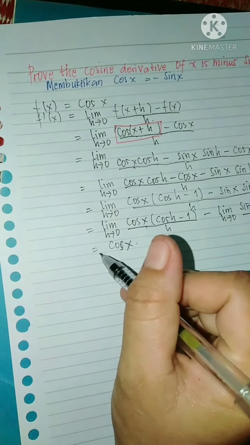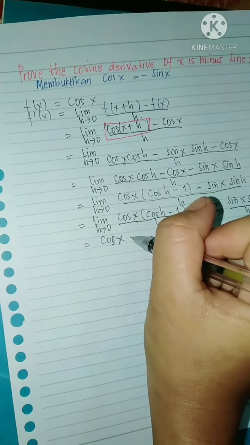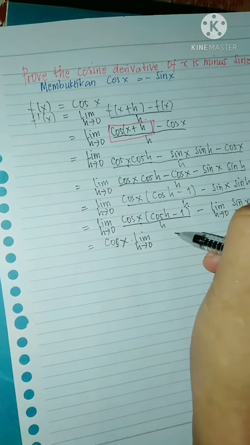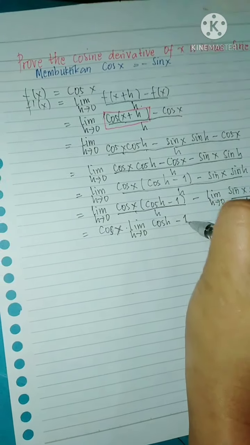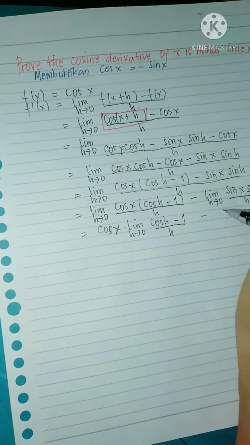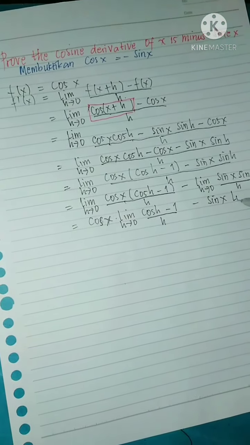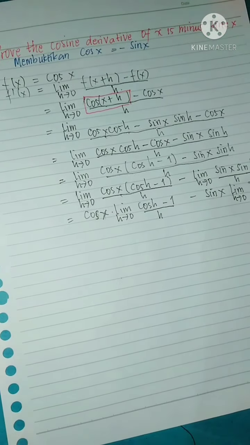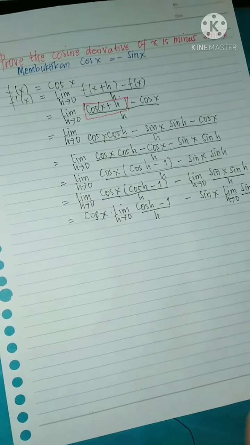So equals cos x times the limit as h approaches 0 of (cos h minus 1) all of that over h, minus sin x times the limit as h approaches 0 of sin h all of that over h.